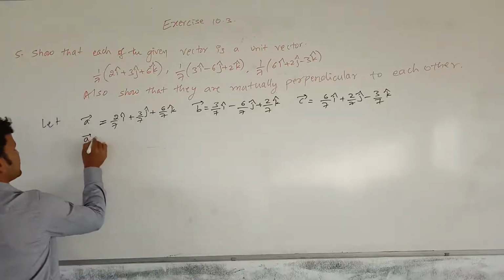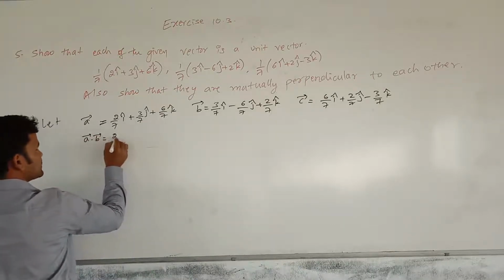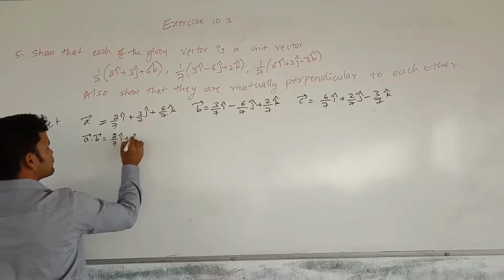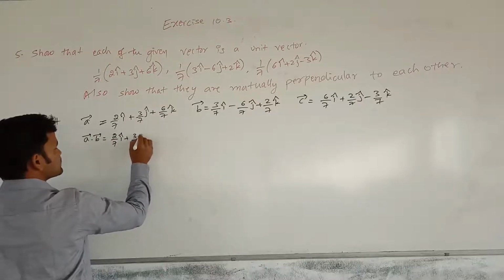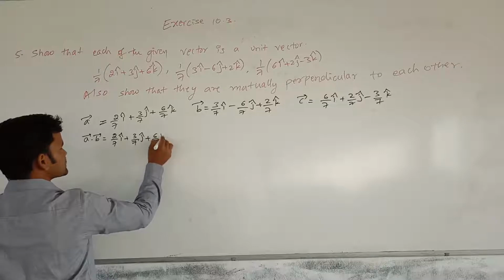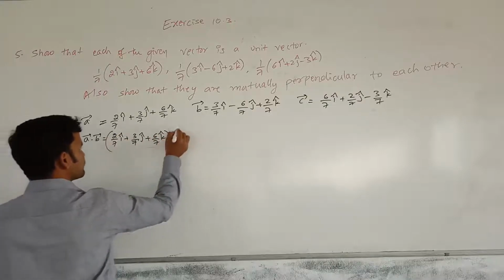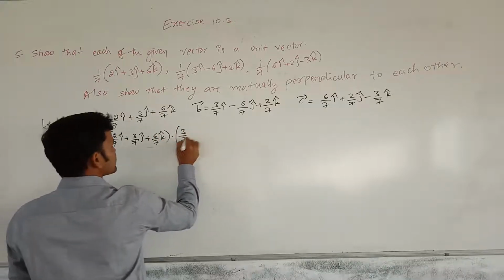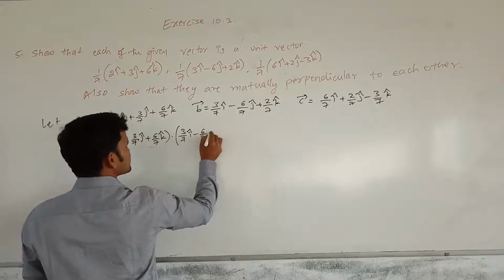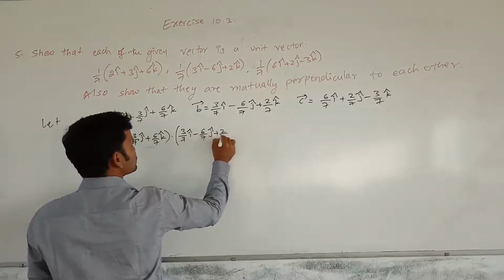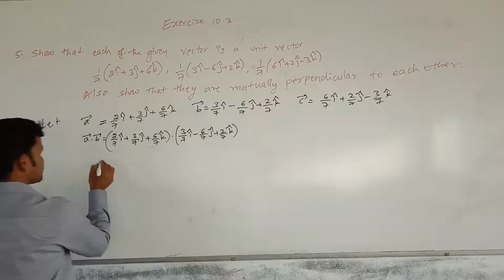First of all, finding A dot B. A dot B is 2 by 7 into i cap plus 3 by 7 into j cap plus 6 by 7 into k cap, which is in dot product with 3 by 7 into i cap minus 6 by 7 into j cap plus 2 by 7 into k cap.